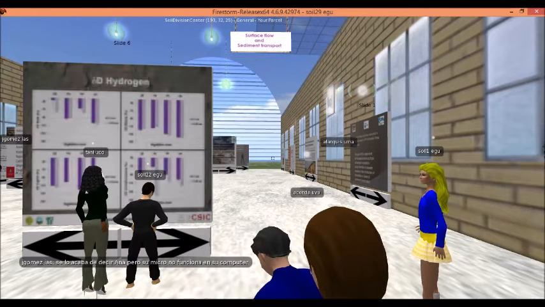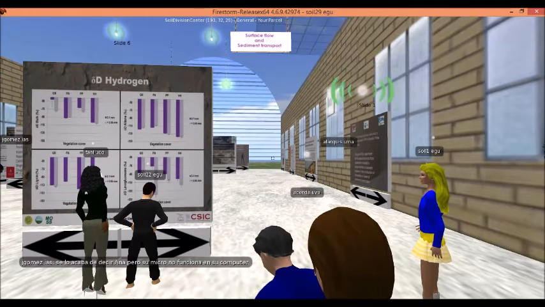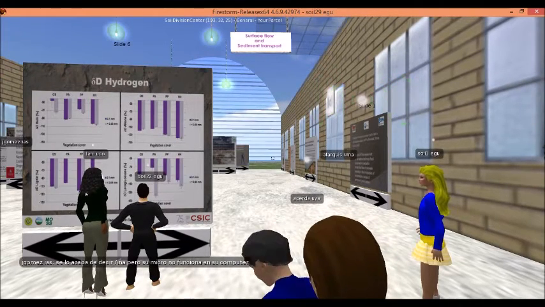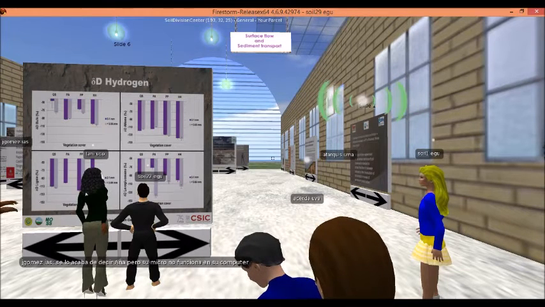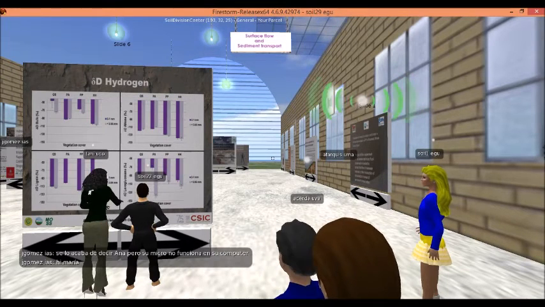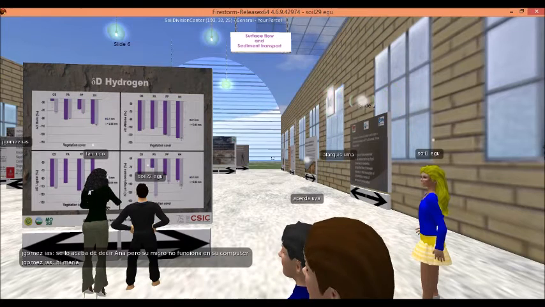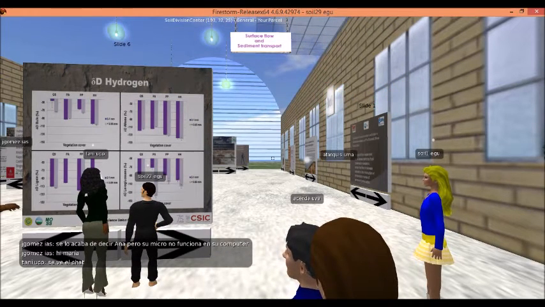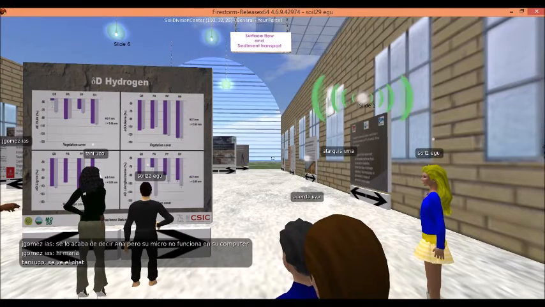Okay, the next slide was the delta value of hydrogen. In this case, the values were similar to the delta carbon isotope.